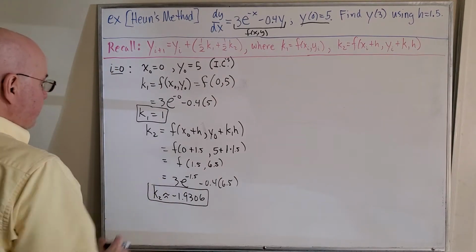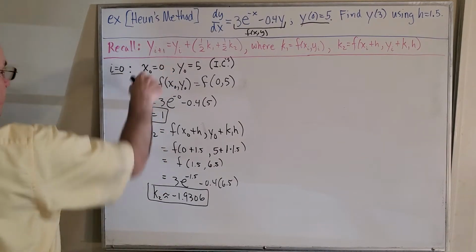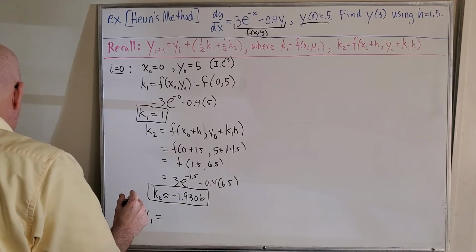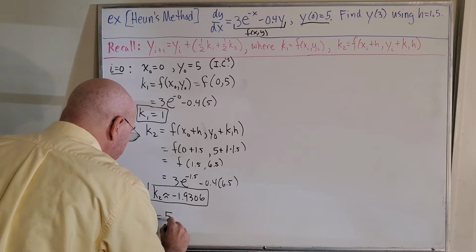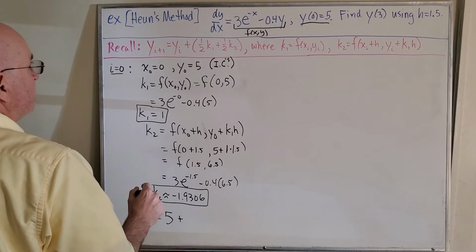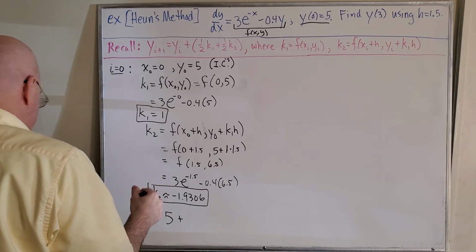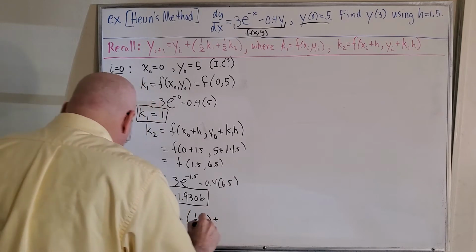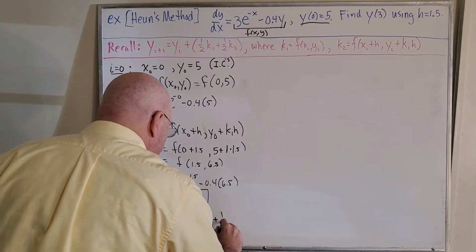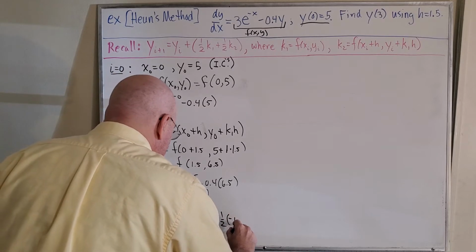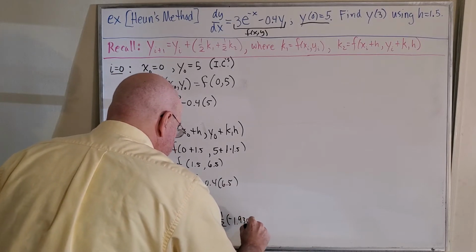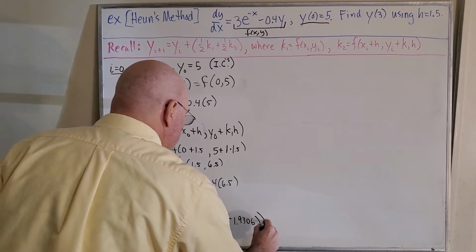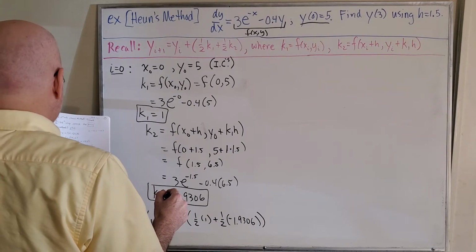So finally, I'm going to squeeze it down here at the bottom. Plugging into this formula, we get y1 equals y0, which is 5, plus 1/2 of k1, which is 1/2 of 1, plus 1/2 of negative 1.9306, that's k2, and all of that, let's see, am I missing an h?